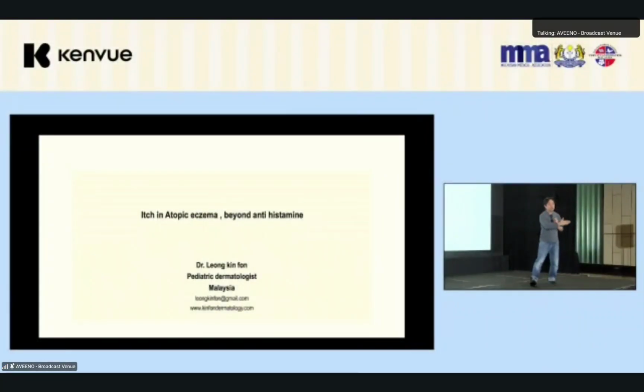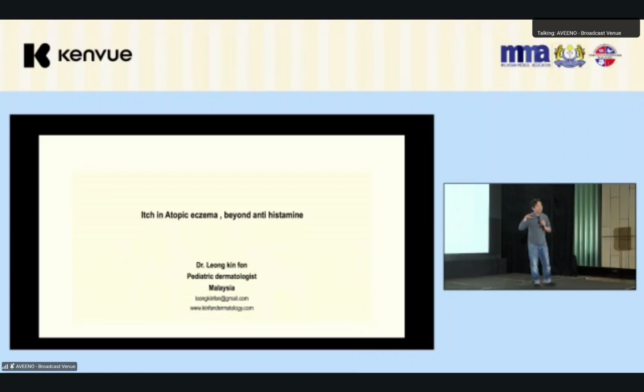We always ask the patient to give us a score from 0 to 10 for the worst itch they experienced over the last 24 hours, especially during sleeping time. So 10 means gila, cannot sleep at all, or once they sleep, within an hour or two they wake up and scratch until bleeding. That's 10.